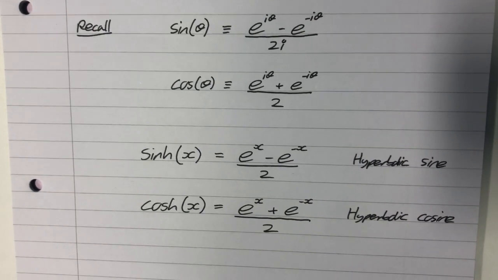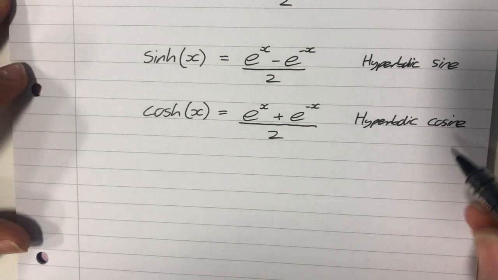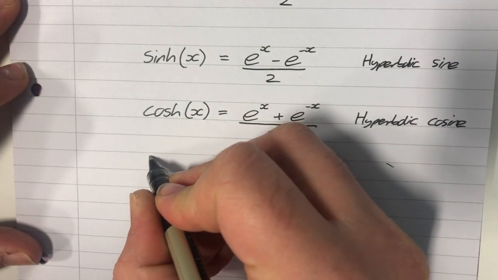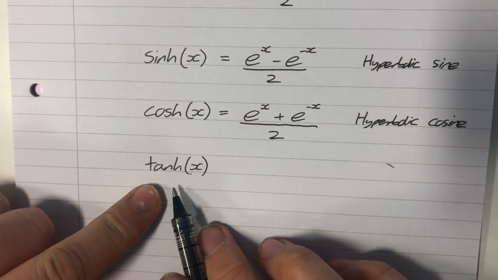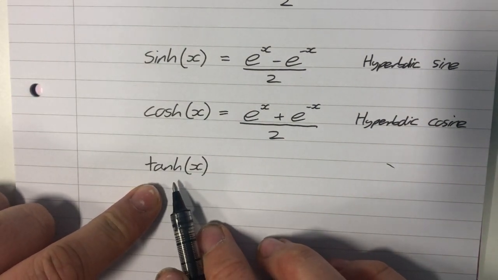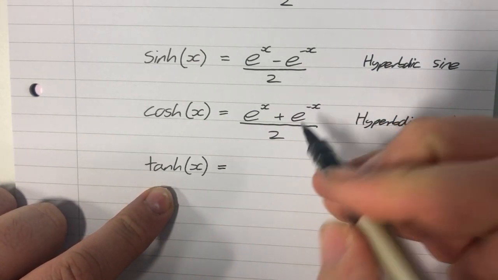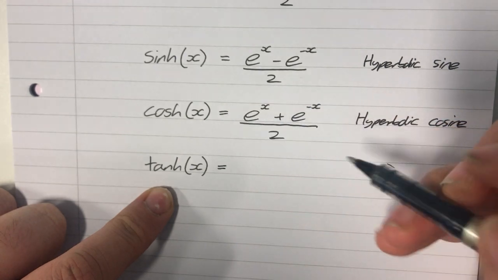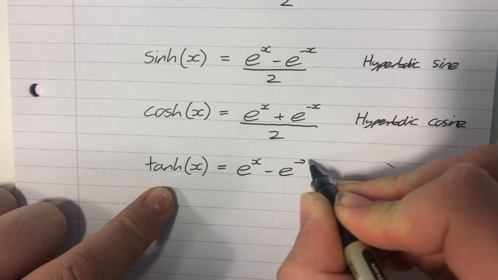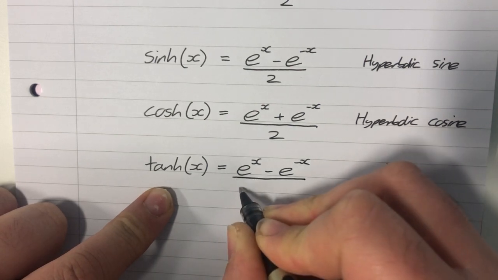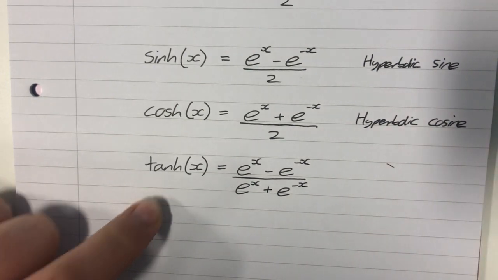Okay, that's their definition. Just in the same way as tan is sine over cos, we have this function here, which is either pronounced than or tanch, and that is defined as shine over cosh, so that's going to be e to the x minus e to the minus x over e to the x plus e to the minus x, and the 2s will cancel.